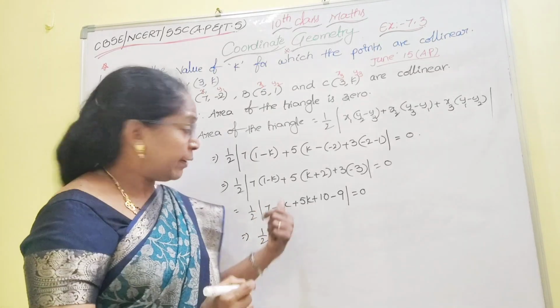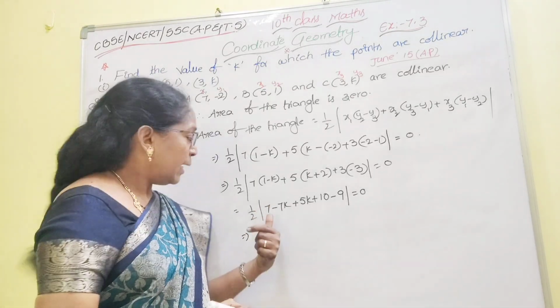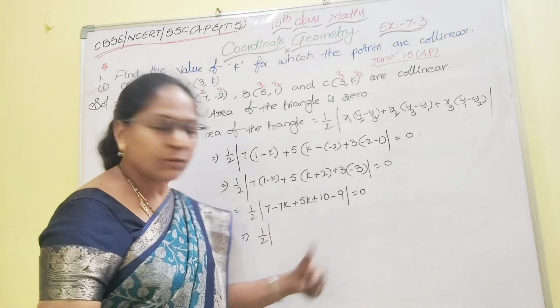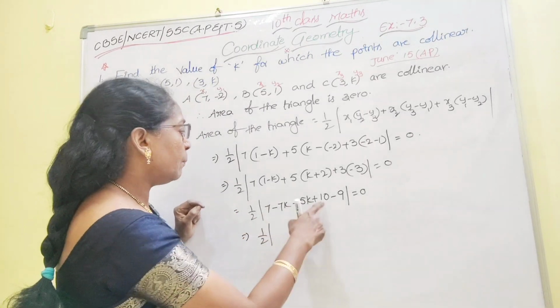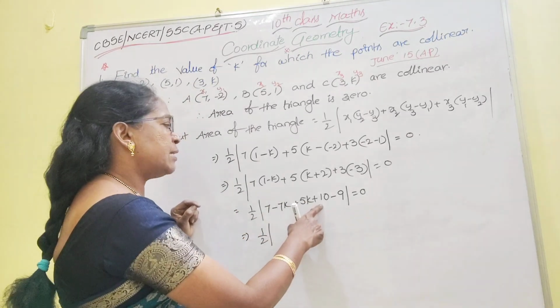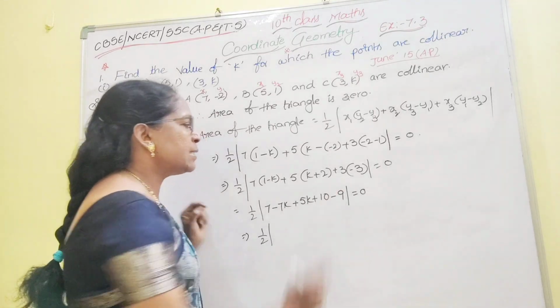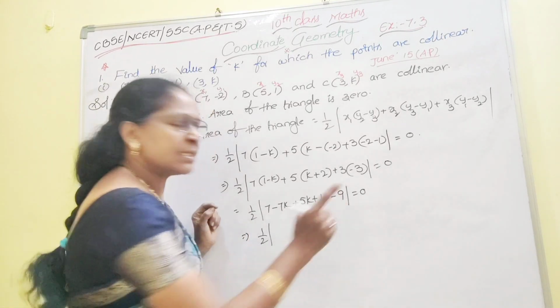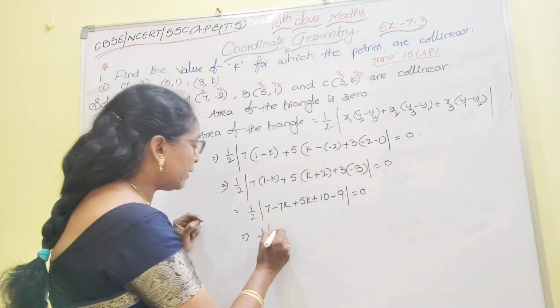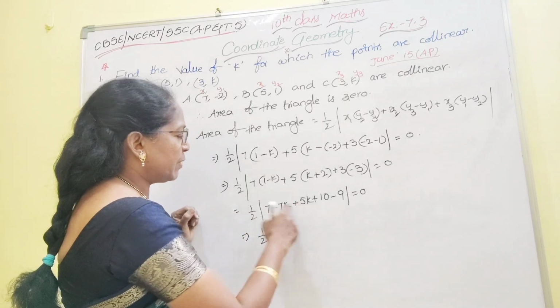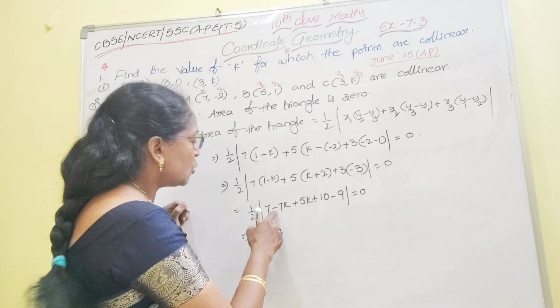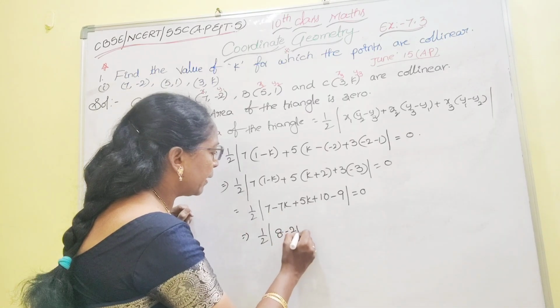Now all variable values you have to simplify as well as all constants. 7 is a constant value. Next is 7 plus 10, that equal to how much? 17. 17 minus 9 equal to 8. That is easy. Minus 7k plus 5k, so minus 2k.